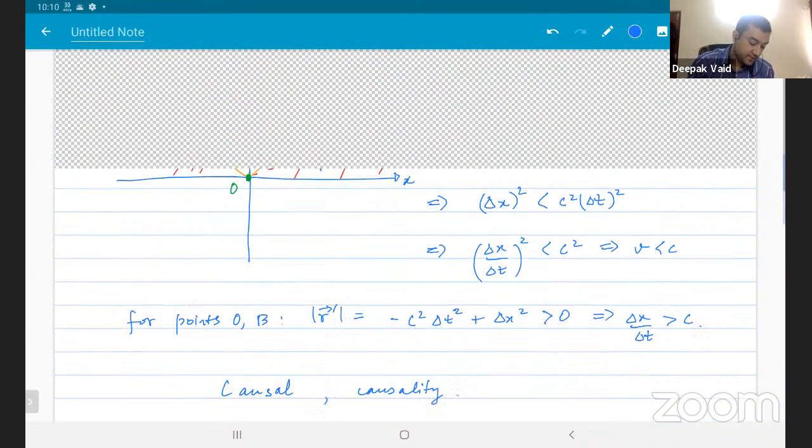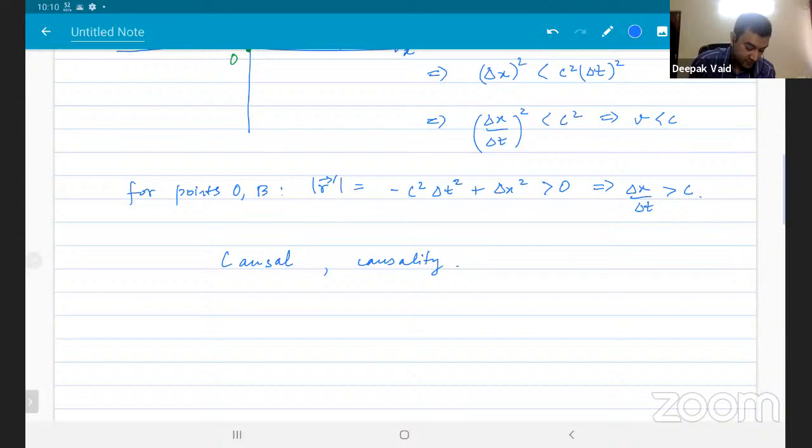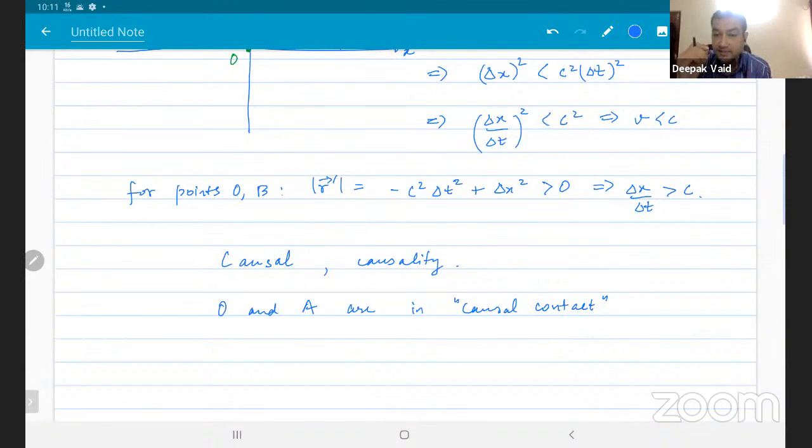So we say that points O and A are in causal contact, meaning that I can send a signal from O to A. It is possible for me to communicate between these two points.